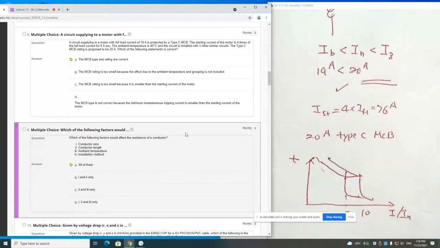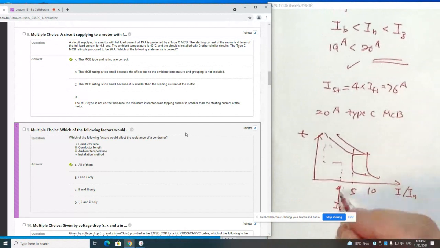So we want to ensure the starting current is somewhere here. So this is the starting current. If this requirement is fulfilled, the starting current is something like this, then we say the selection of MCB is adequate.